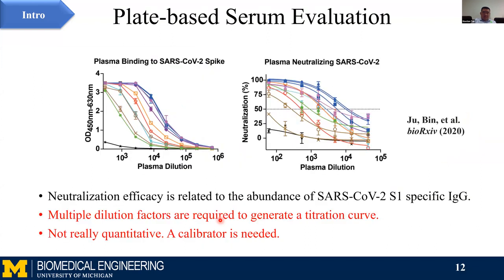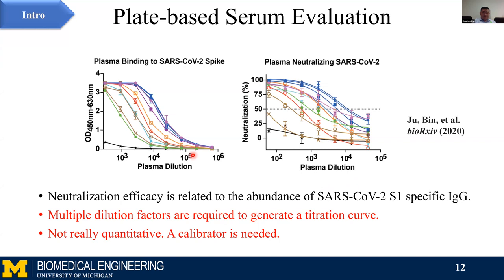For the convalescent serum evaluation specifically, this is a paper recently published. The scientists found that neutralization efficacy is related to the abundance of SARS-CoV-2 S1-specific antibody. However, to measure the abundance of the SARS-CoV-2 specific antibody, multiple dilution factors are needed to generate decent titration curves.